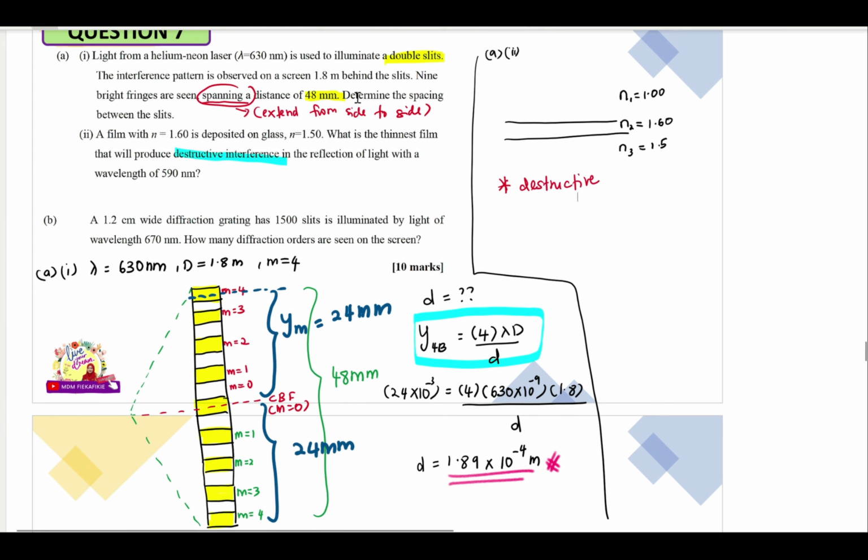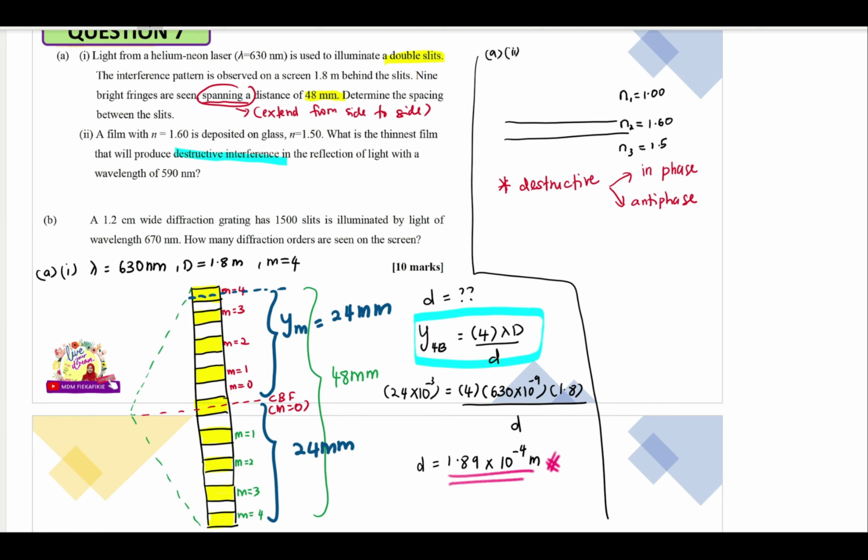And then kita nak pilih equation destructive ada dua. Case dia untuk apa? In phase ataupun anti-phase case. Kan? Jadi untuk kita tentukan, kita dah tahu dia destructive. Kita nak pilih in phase ataupun anti-phase, you tengok pada layer yang soalan tu bagi.